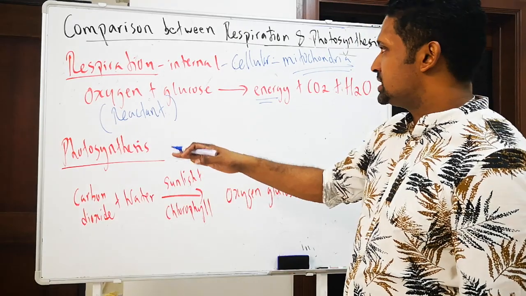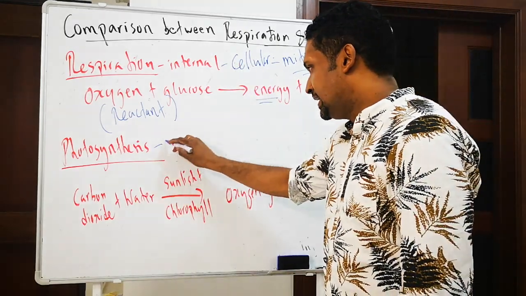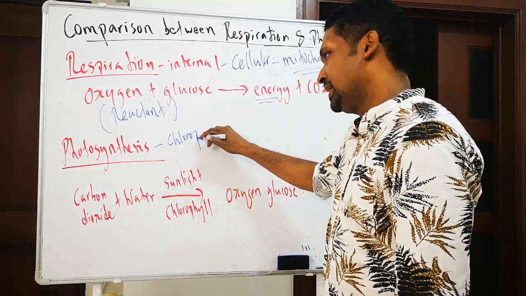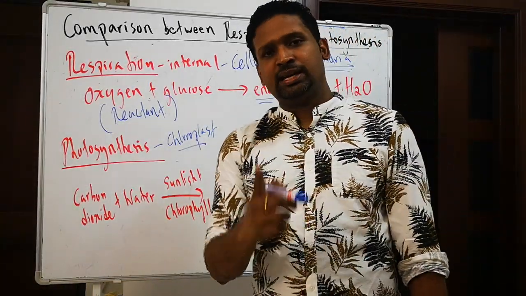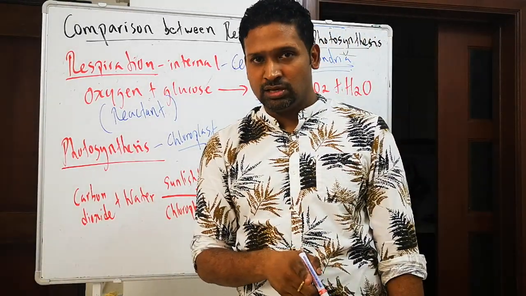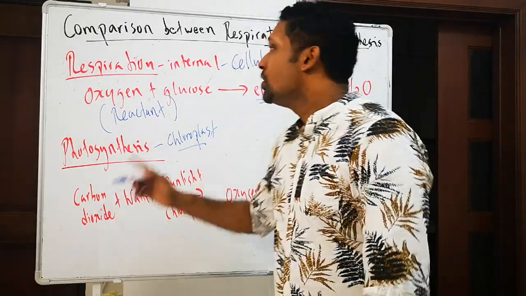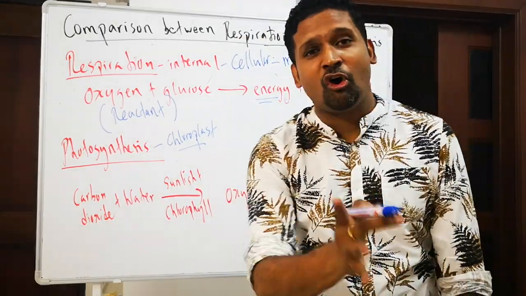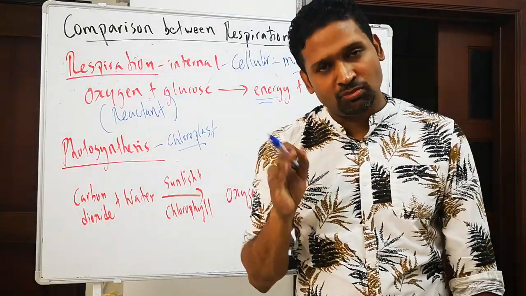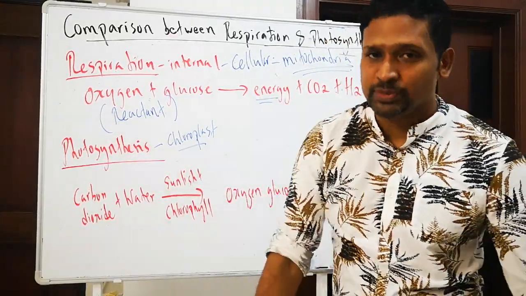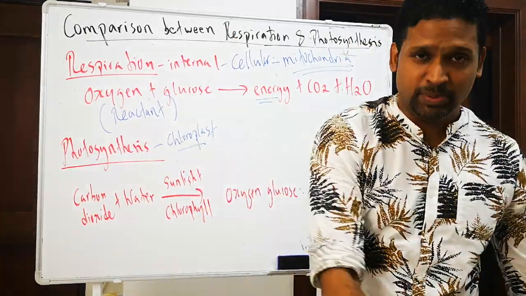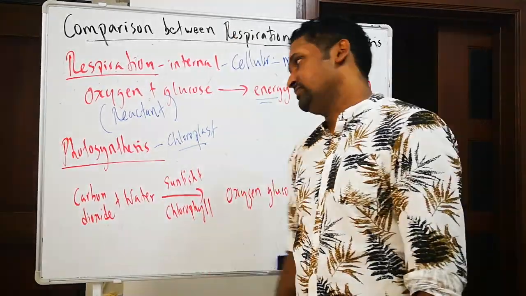Whereas photosynthesis is a process that occurs in chloroplasts. That means it can only happen in plants or certain types of bacteria that have chloroplasts. It cannot happen in all organisms, whereas respiration occurs in all living organisms. Small microbes to complex organisms will go through cellular respiration or internal respiration. That's one clear-cut difference.